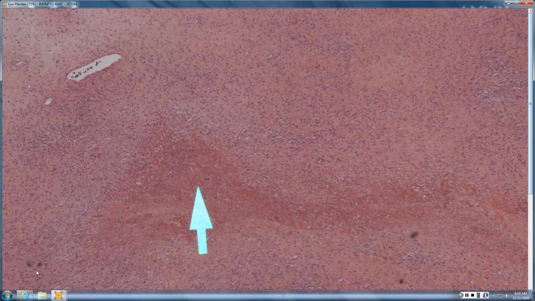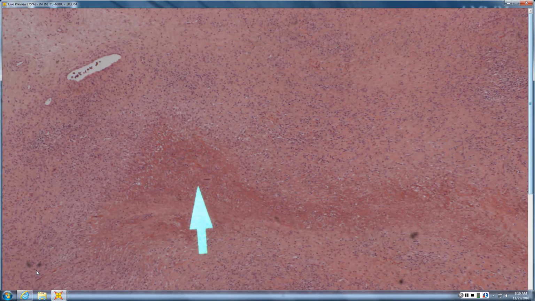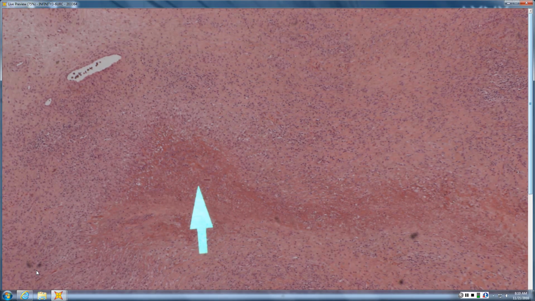Deep GA. So deep GA, the other name for deep GA is pseudo-rheumatoid nodule because it looks just like a rheumatoid nodule. In some cases of deep GA, you'll see some of the granulomas have mucin. In that case, you know that it's deep GA. If they don't have mucin and just have fibrin, it still could be deep GA, pseudo-rheumatoid nodule.